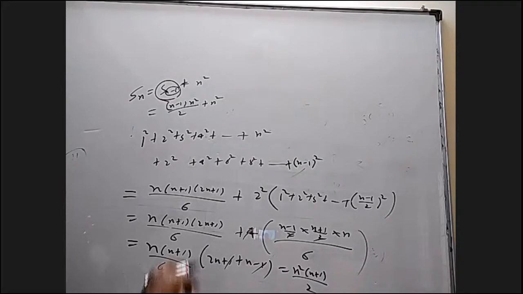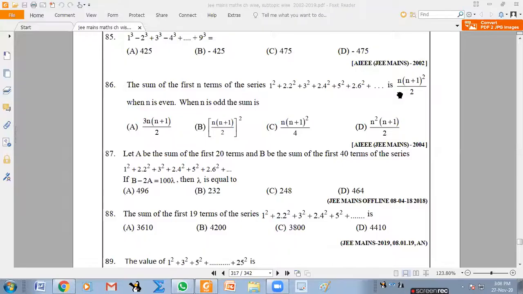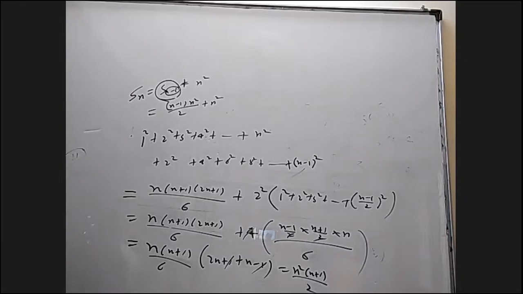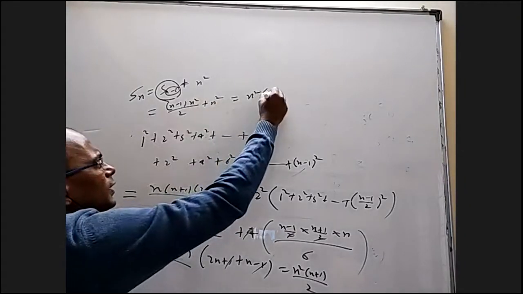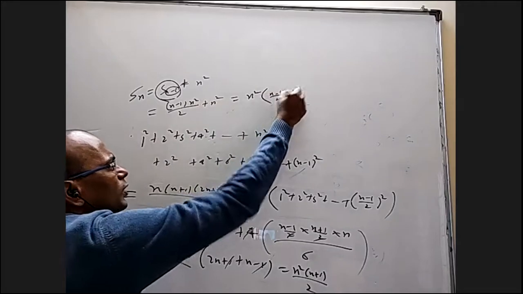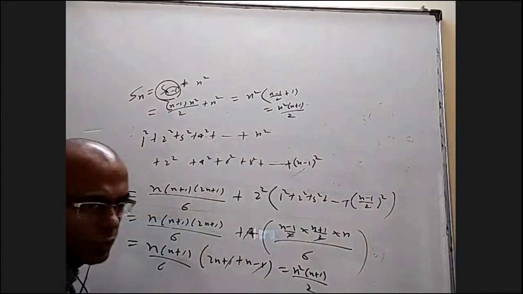Okay. So the formula came the same, just 1 minute, sorry. Here, when n is even, they gave n into n plus 1 whole square by 2. Achha, we got it. It's okay. Okay, so now if I take n square common here, I'll get n minus 1 by 2 plus 1, which is n square into n plus 1 by 2, which is the same as this.